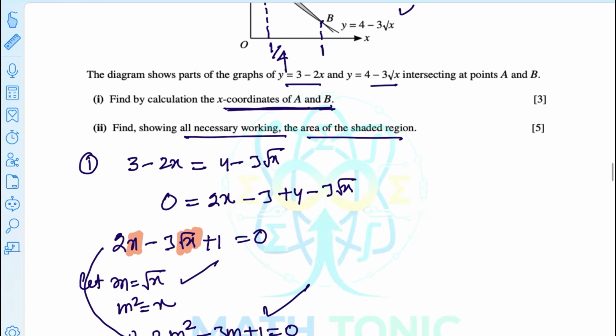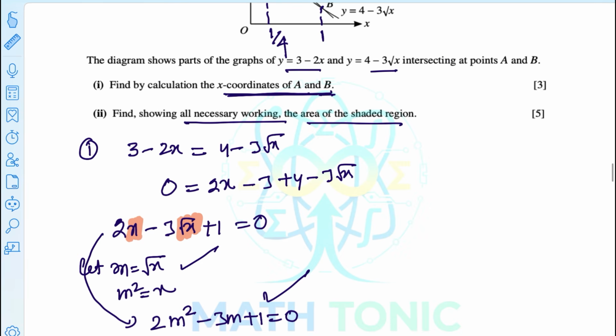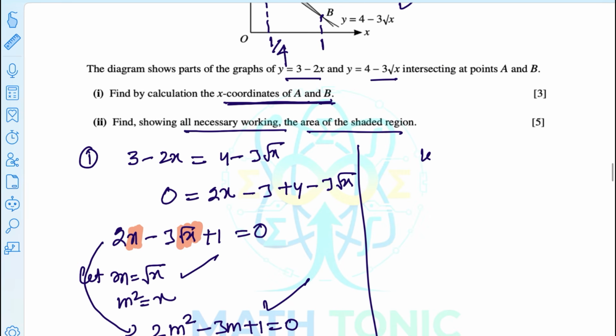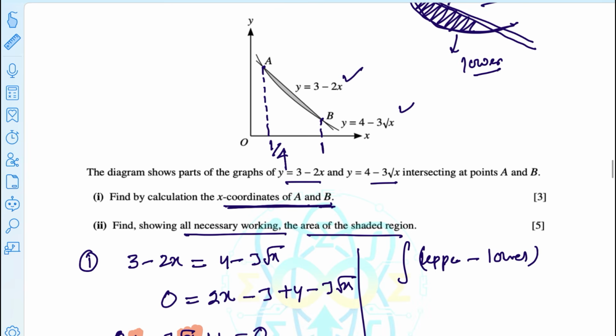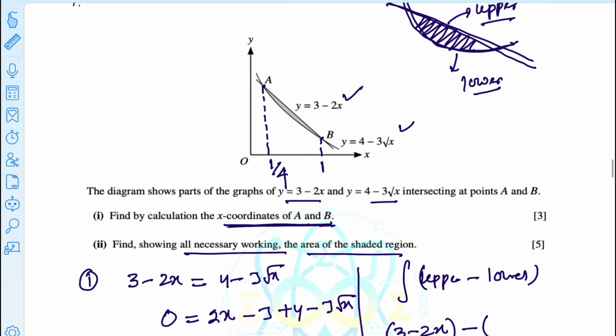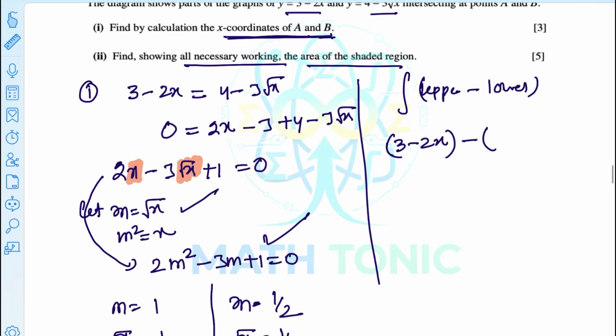Is it okay? So let me write down here. We can say the upper curve minus the lower curve, and we have to integrate this. The upper curve is given as 3 minus 2x, and minus the lower curve, which is given as 4 minus 3 root x.